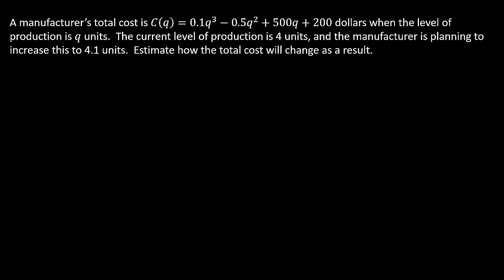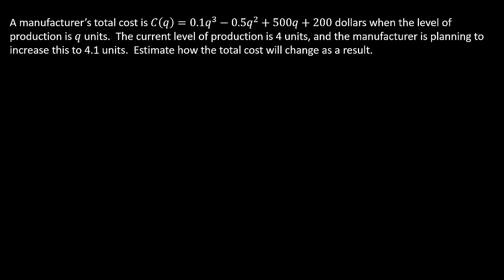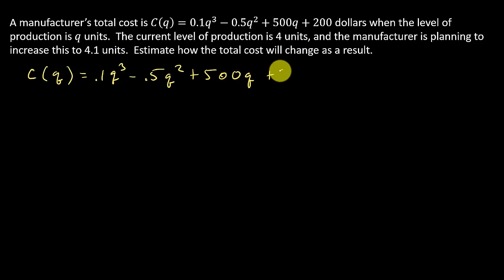All right, so let's just write down our cost function. So we've got C of Q is 0.1 Q to the third minus 0.5 Q squared plus 500 Q plus 200.